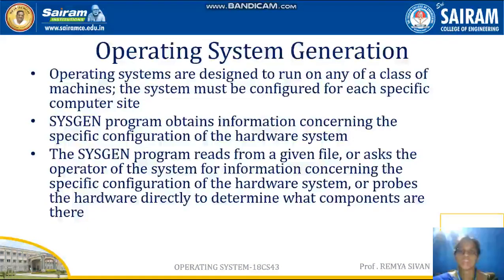Thank you. Operating system generation. Here operating systems are designed to run on any of a class of machines. The system must be configured for each specific computer site. For that we use the sysgen program, which obtains the information concerning the specific configuration of the hardware system. The sysgen program reads from a given file or asks the operator of the system for information concerning the specific configuration of the hardware system.